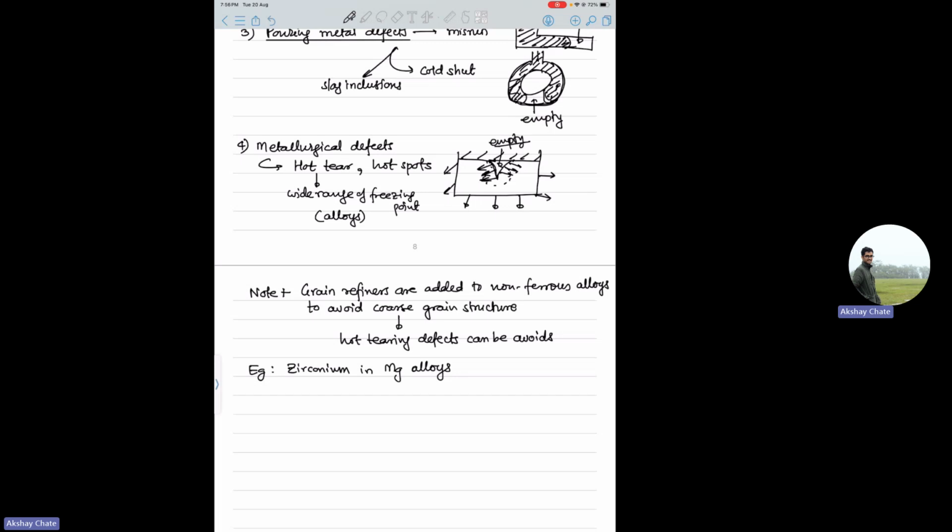Okay. So there are some other miscellaneous defects. There is something called mismatch.